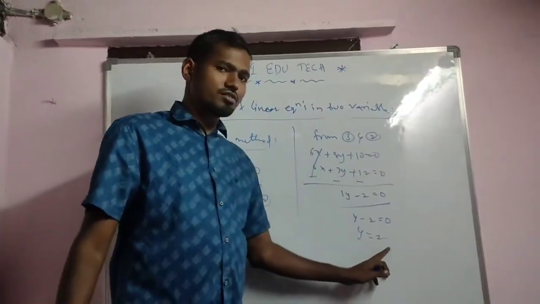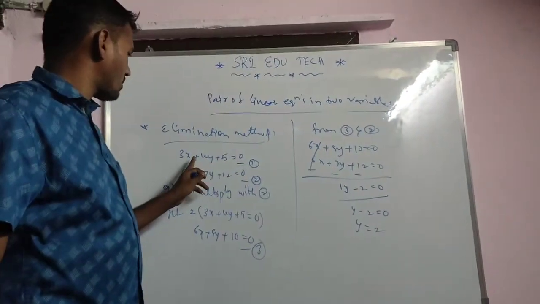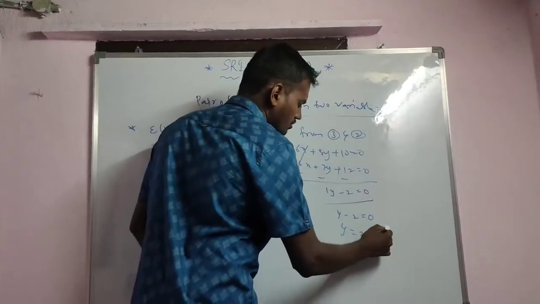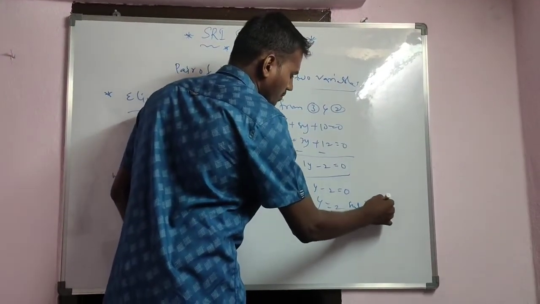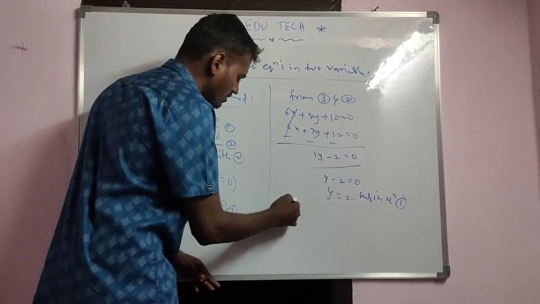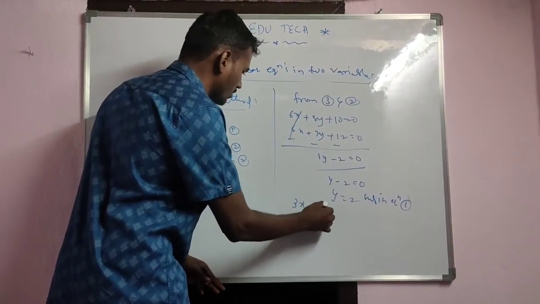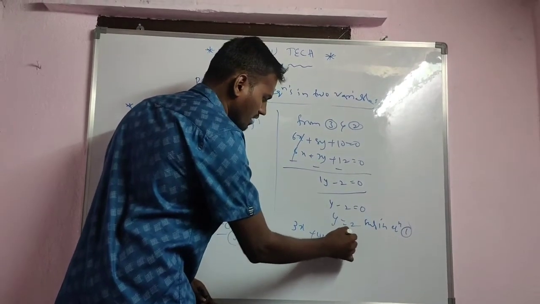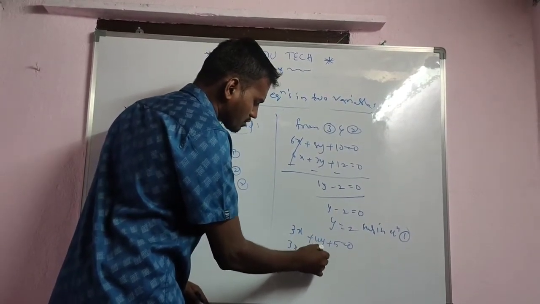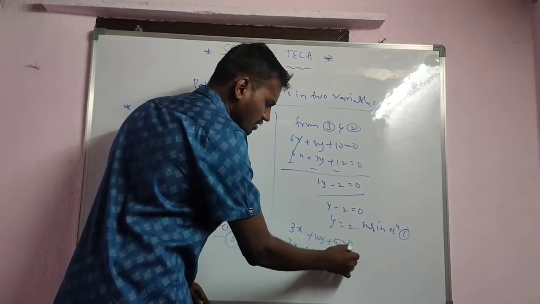This y is equal to 2, substitute in equation number 1. Then we get the x value. Equation number 1: 3x plus 4y plus 5 is equal to 0. In this, 3x plus 4 into y, which is 2, plus 5 is equal to 0.